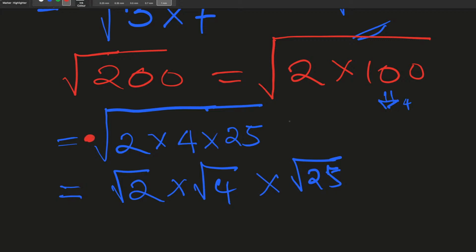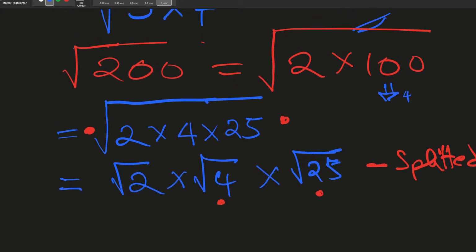We split the values individually, and they are still multiplying. So now we can find the square root of 4 and the square root of 25 directly.